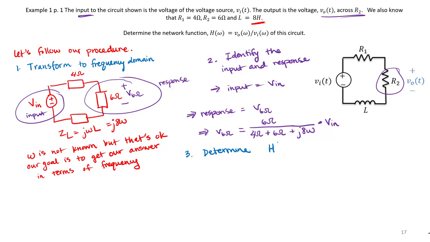So in this case, H of omega is going to be our response, Y of omega, divided by X of omega, where our input Vn is our X of omega, and our response is our Y of omega.